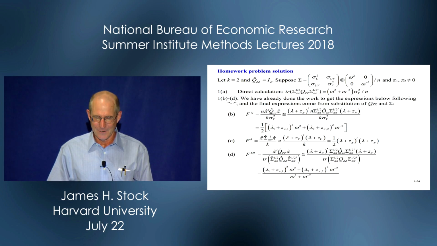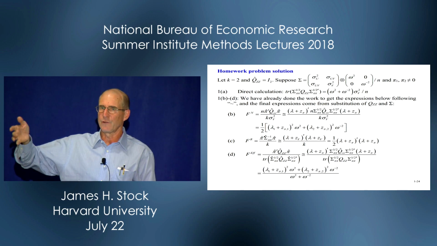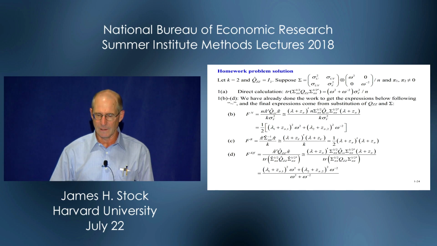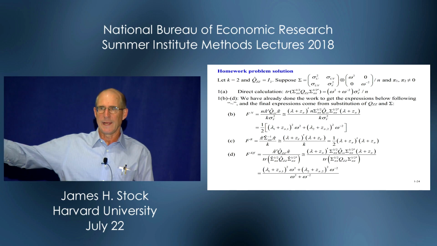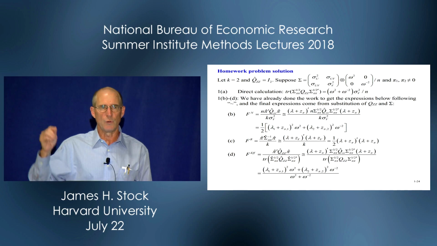Okay. So here, this is the non-robust. Remember, I said that pi hat is going to be pi plus that random noise, and then I rescaled it to make sure that the stuff was standardized, and that gave me a lambda plus z sub pi. By doing that, I had to pull out the heteroscedasticity robust covariance matrix for the pi's, and then I'm still left with q hat in the middle.